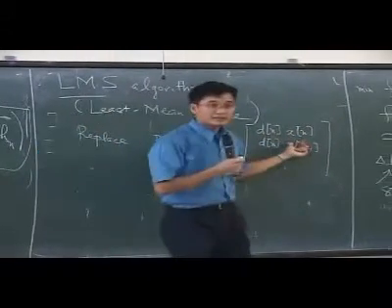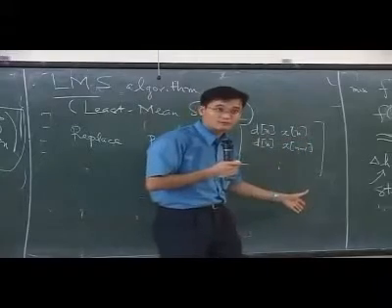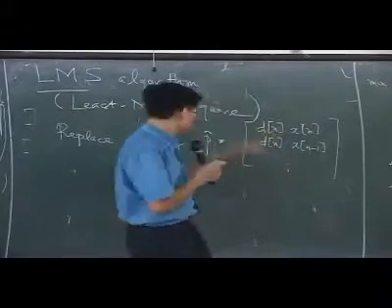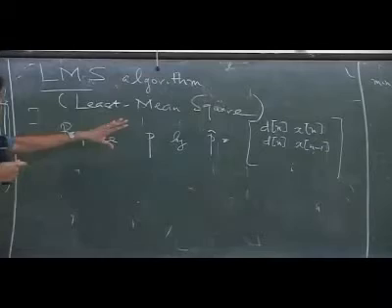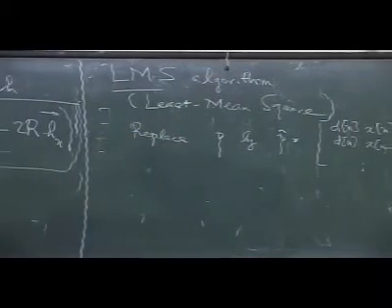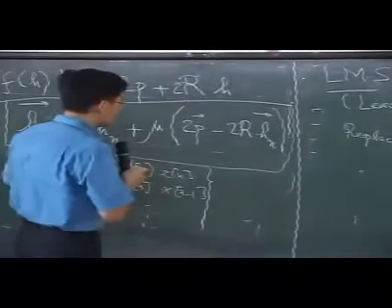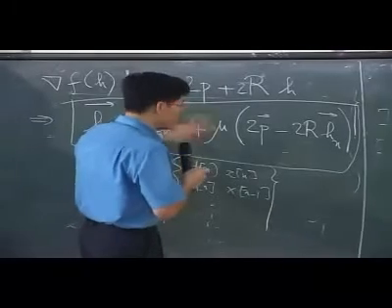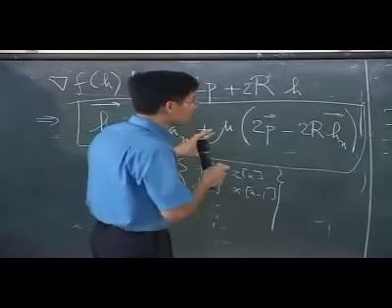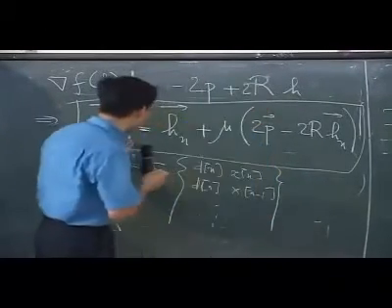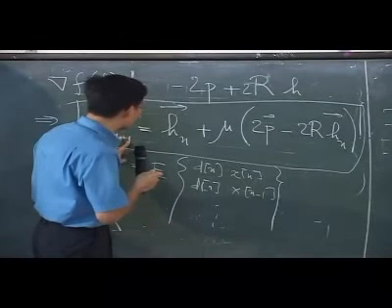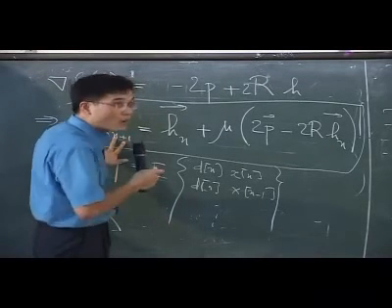Do I know x? I do know x, right? Because that's my input. Do I know d? Yes, because that is the desired output at the previous step, right? So now we put n plus 1 here. So now what we are trying to do is estimating y of n minus 1.